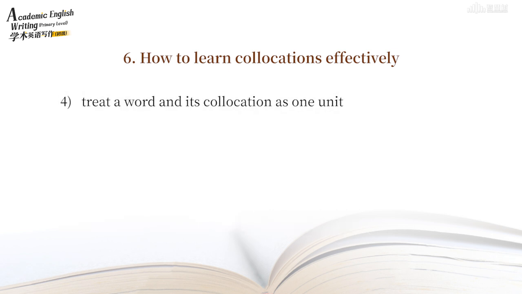Treat collocations as single units. For instance, think of strongly support as a whole unit, not strongly and support separately. These chunks are meaning units, just like words, so learn them as if they were one word.